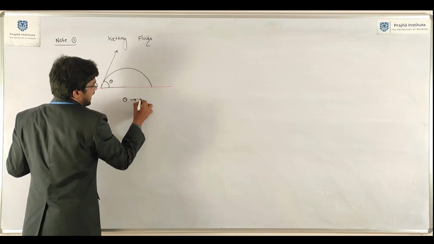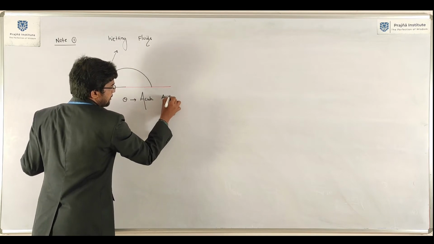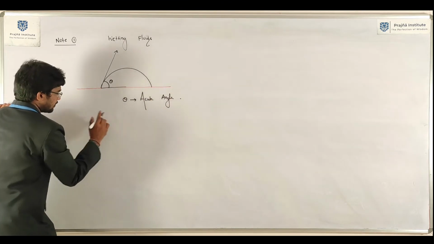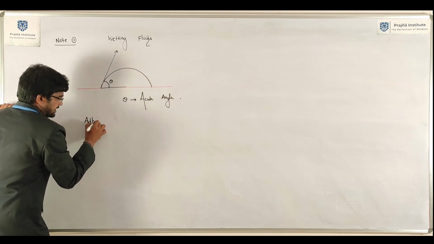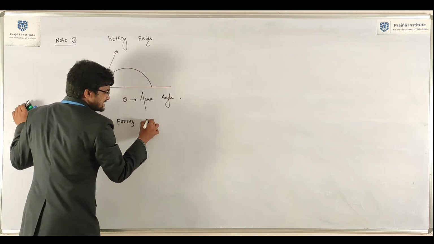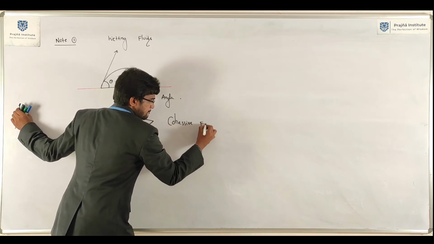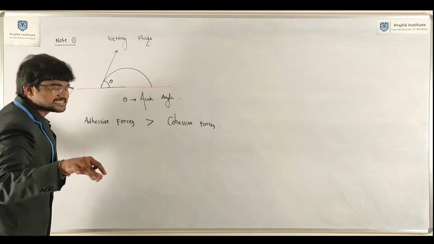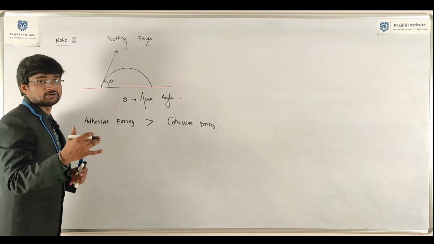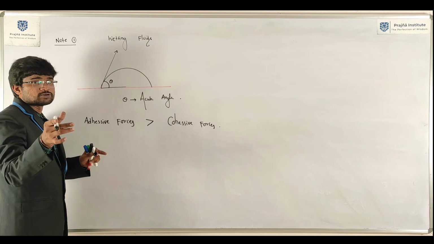Theta is acute angle. Okay, so wetting means adhesive forces greater than the cohesive forces. In that case, you will get acute angle. Theta will be acute if adhesive forces higher than the cohesive forces.